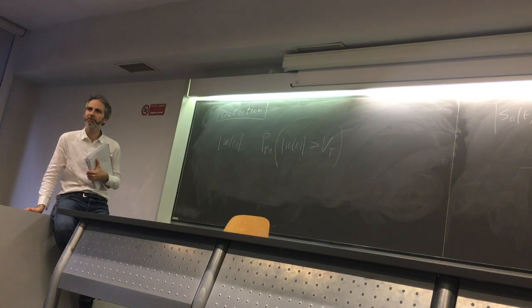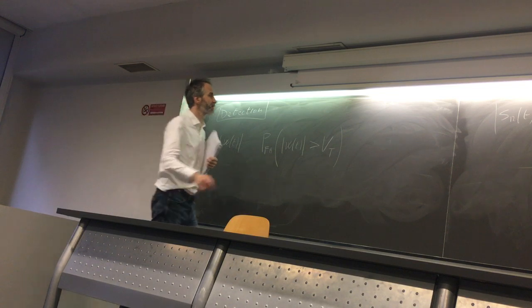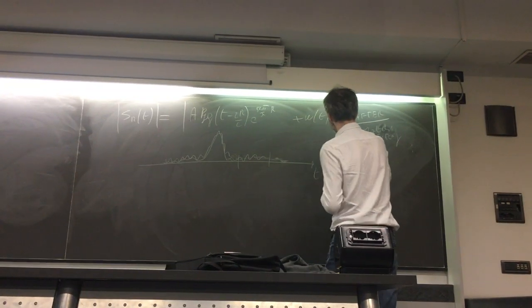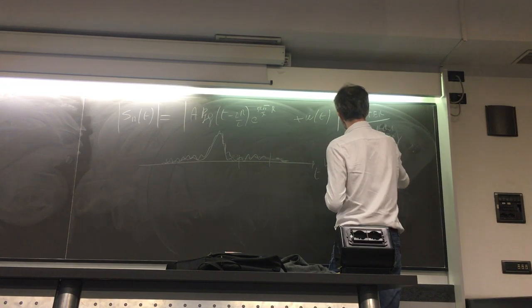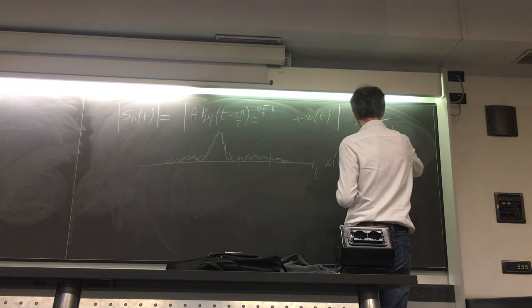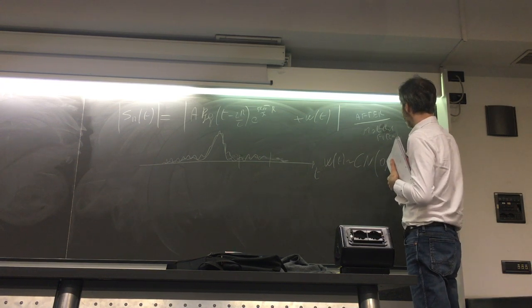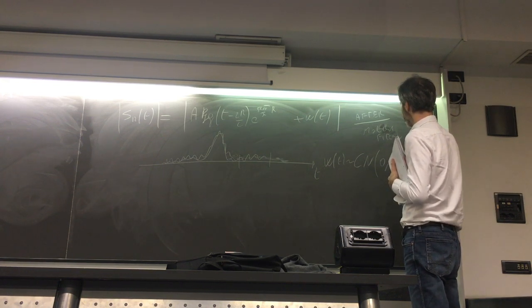Okay, so you remember that we say that your noise is a circular Gaussian noise, which means that any sample of W(t) is distributed as a complex normal variable, zero mean with some power sigma square.